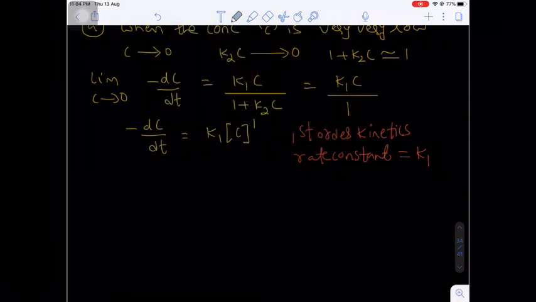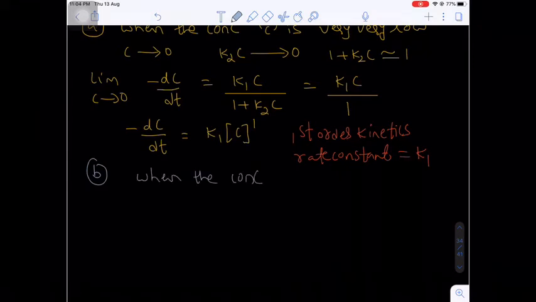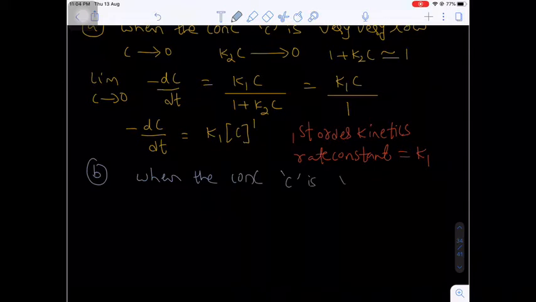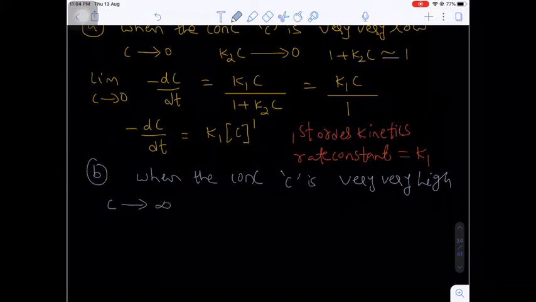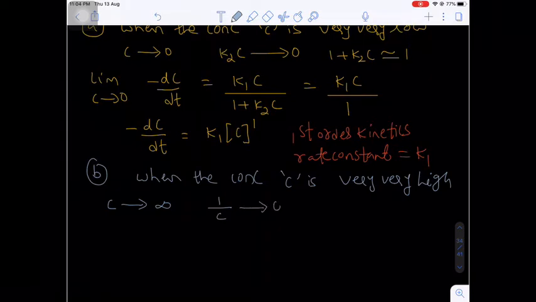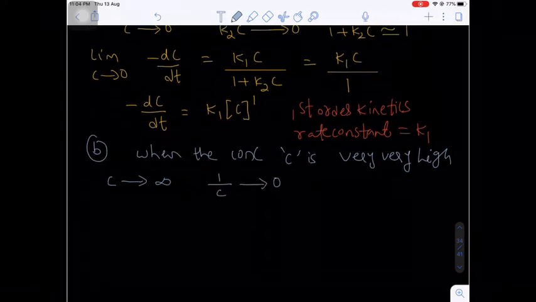Now there is one more question given. When the concentration C is very high, that means the concentration is almost tending to infinity. Then what about 1 by C? 1 by infinity tends to 0.